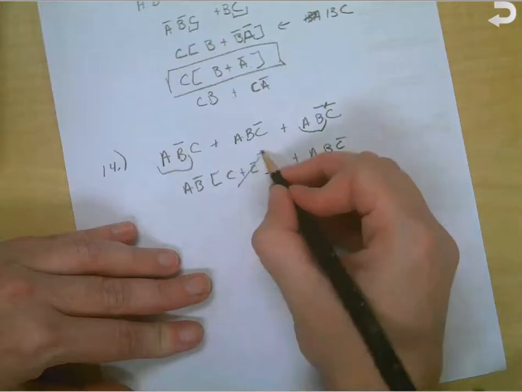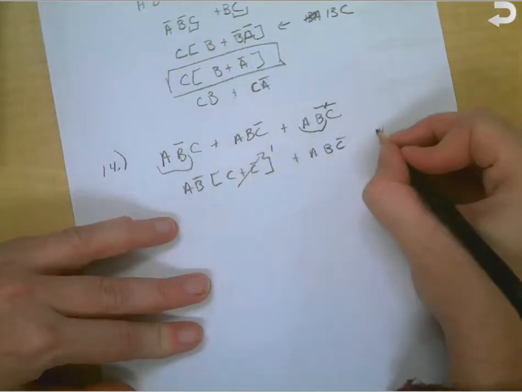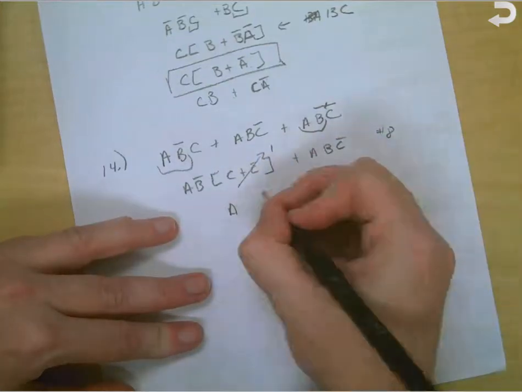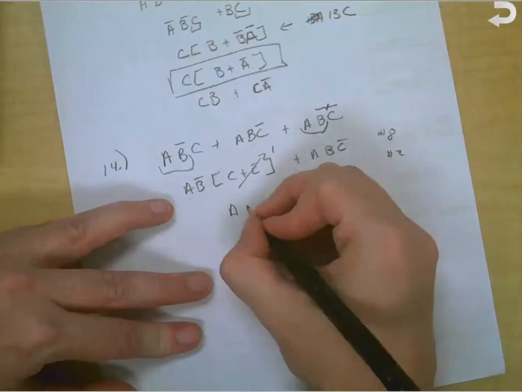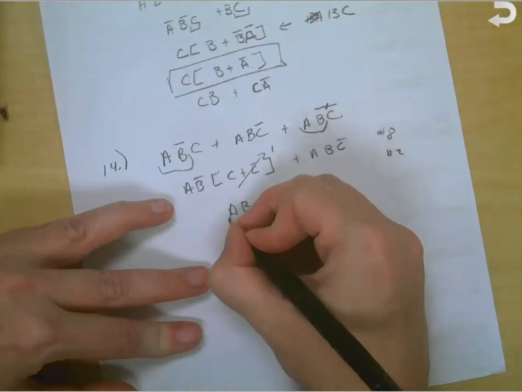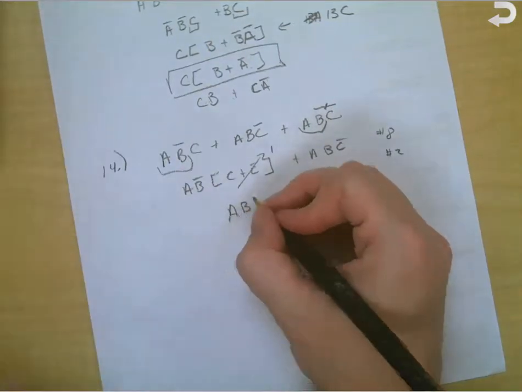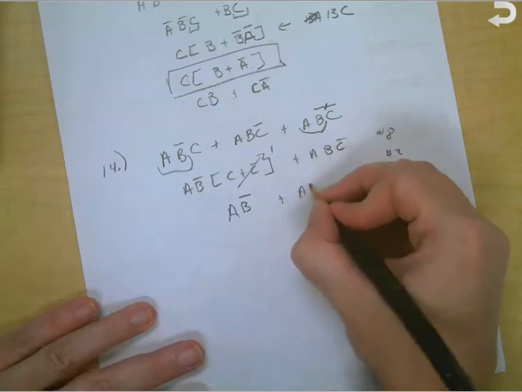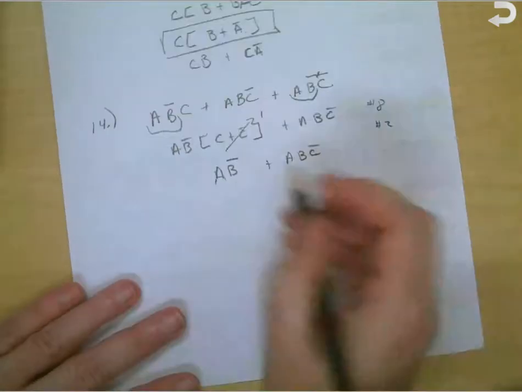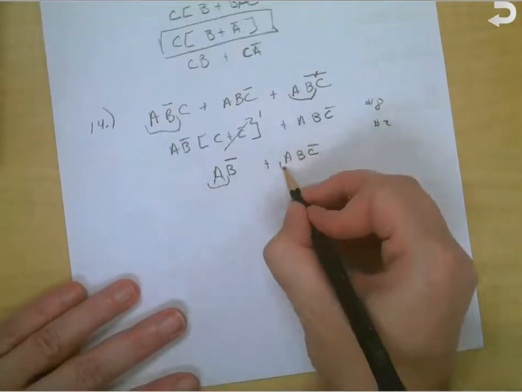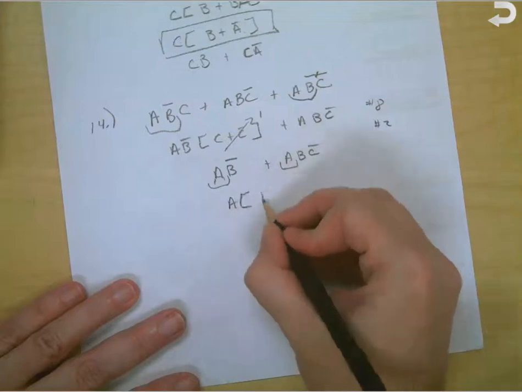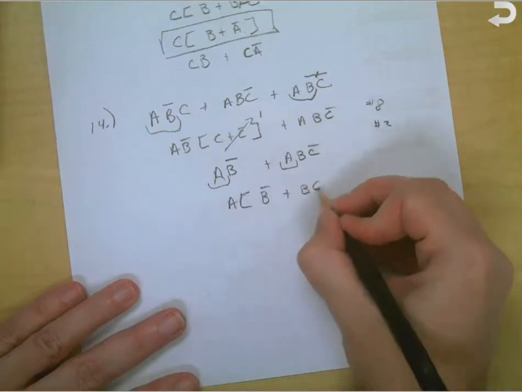That right there is a 1 according to rule number 8. And then according to rule number 2, when you have 1, that turns into A, B naught, or A, B, C naught. Then I look and see what I can factor out in common. They both have A in common. I pull that out. That gives me B naught or B, C naught.